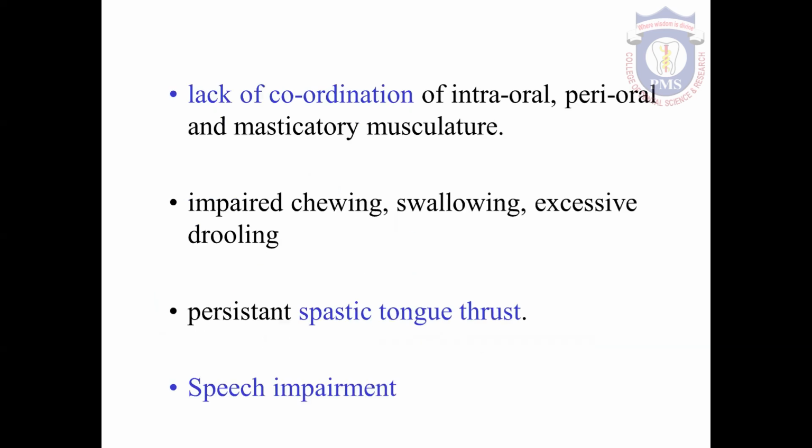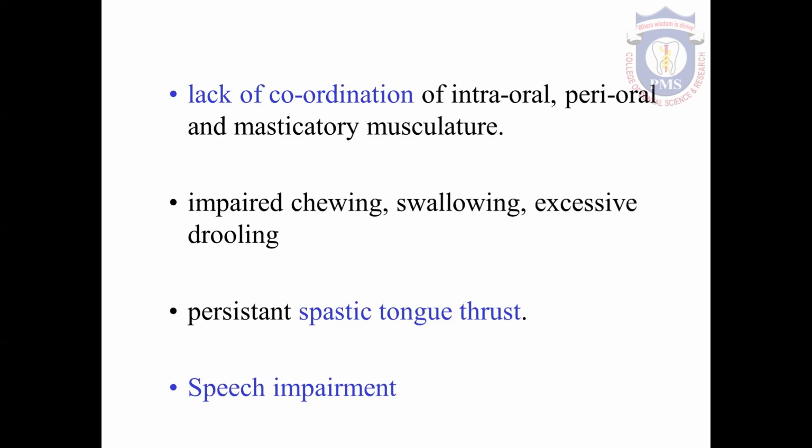Lack of coordination of the intraoral, perioral, and masticatory muscles. Normally there will be salivation in the oral cavity, and we automatically swallow this saliva multiple times in an hour, involuntarily. But in these patients, because of the lack of coordination of the perioral and intraoral muscles, they won't swallow the saliva.